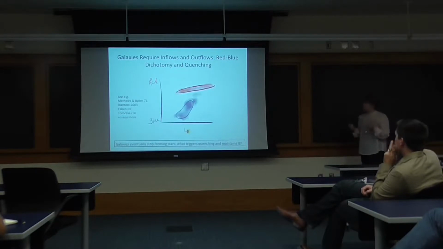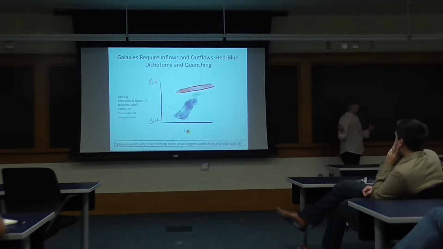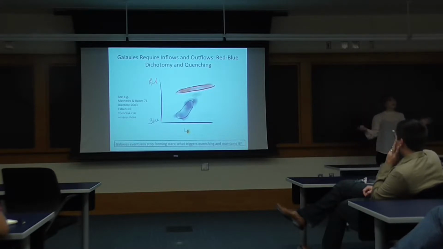Of course, the most basic observation that there are two types of galaxies, red spheroidals that are no longer forming stars and disk-shaped galaxies that are forming stars, cannot be understood without some understanding of gas supply and gas consumption.